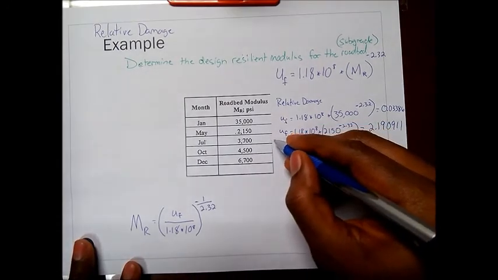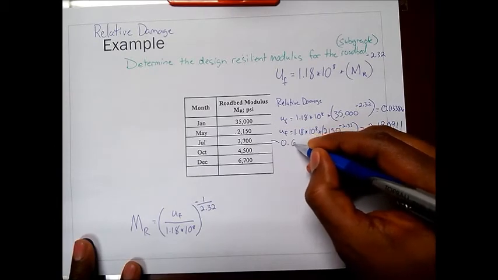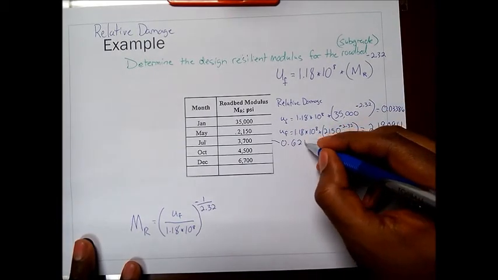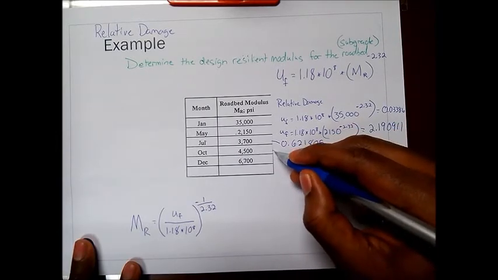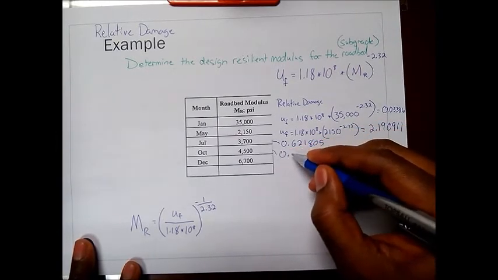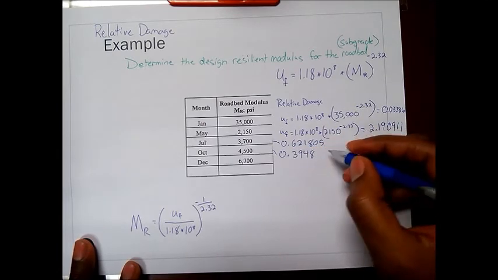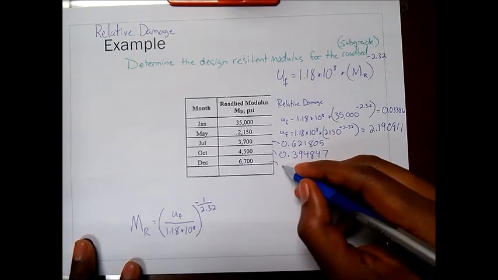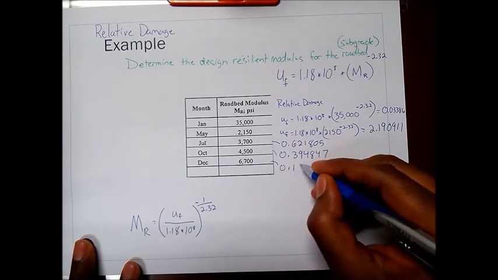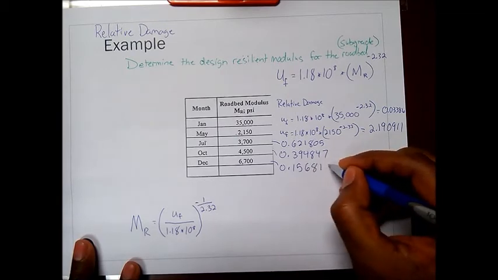All right, I'll just fill in the rest of these here. So for July, we have 0.621805. Then we have 0.394847. And then last but not least, we have 0.156815.